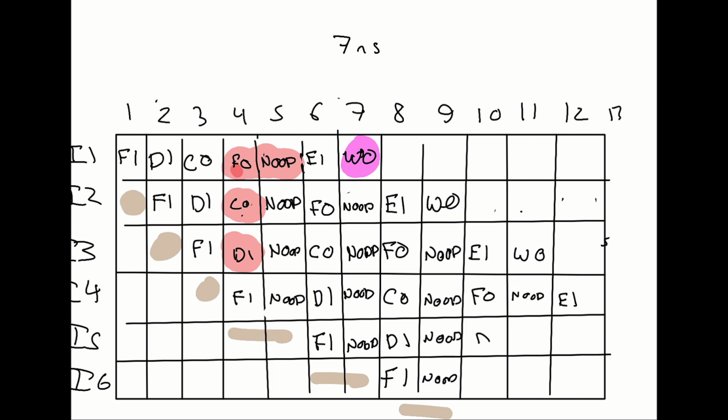And then here we get to the CO. But here's a NOP, so again it gets stalled. And then here we got DI. And then we get a CO here. And then this becomes the FO. The FO starts there, okay?